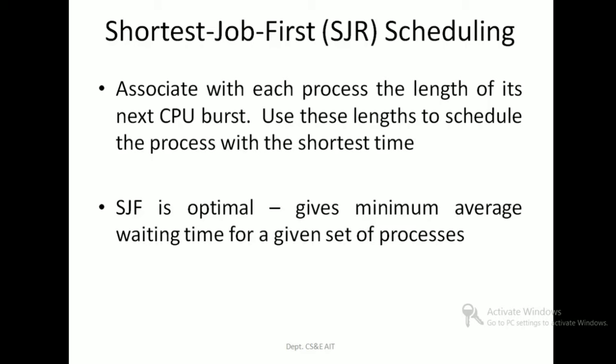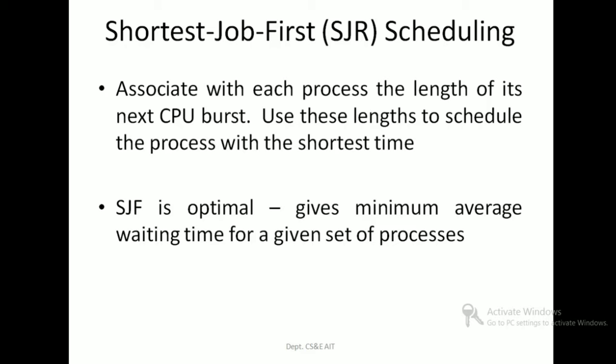Whichever process came first was the first process to be allocated the CPU. But in this case, we are considering the process that has a smaller burst time. So whichever has the smaller burst time will be the one which is going to get the CPU.